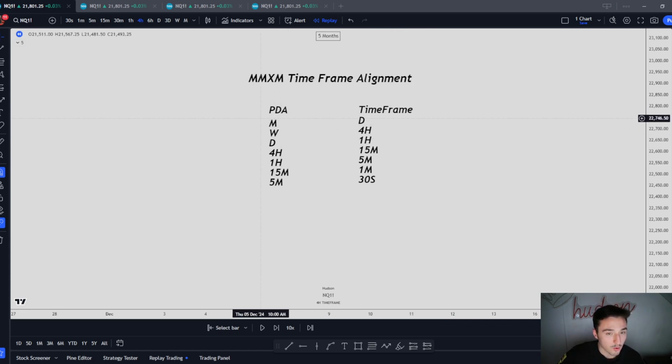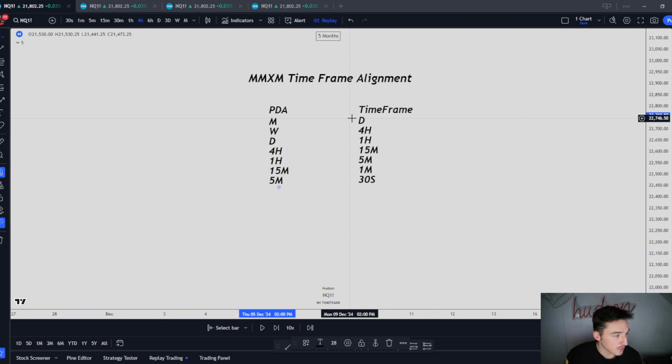So if we're looking at PD arrays, right, a fair value gap, order block, an old high or low, we want to align it with the time frame correlated with that PD array, right? So if we tap into a monthly PD array, we're going to go down to the daily chart, right? So if we go down to the daily chart, we are going to watch for what?